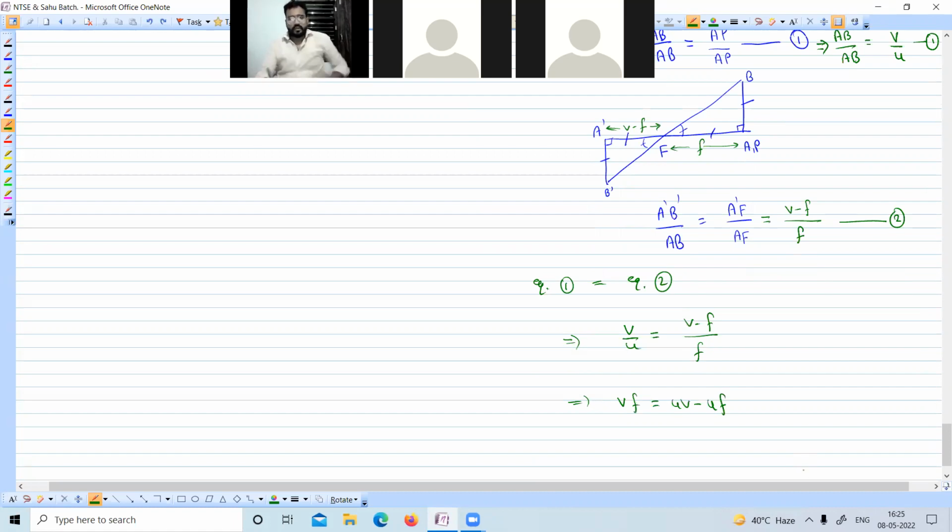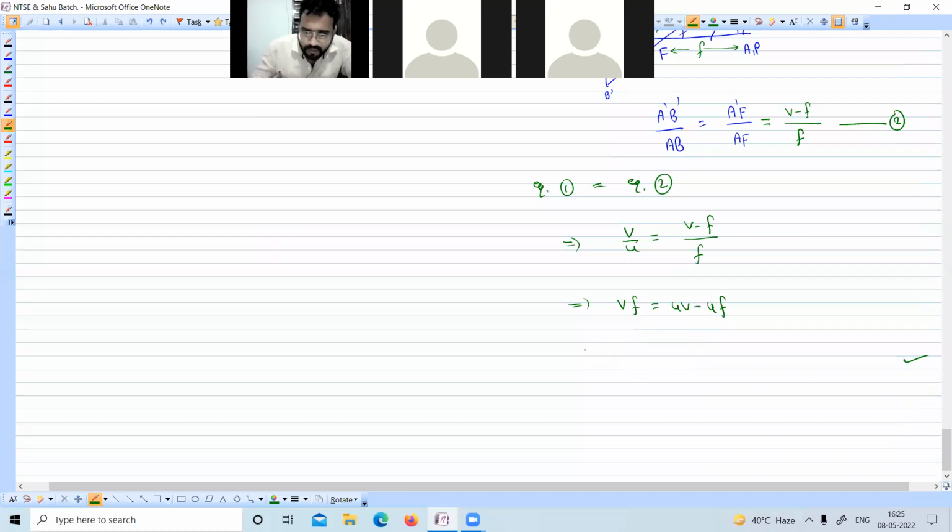Now you can see we have three values, U, V, F. And in this equation, we are seeing each part has two values, and all differ: UV, VF, UF, like that. So for the convenience, to shorten the terms mathematically, what we do is divide the equation on both sides by UVF.